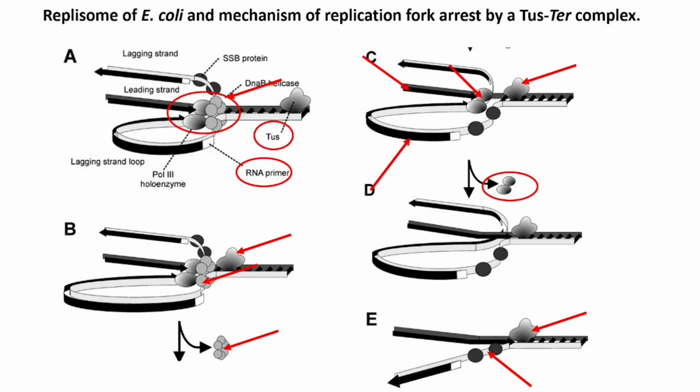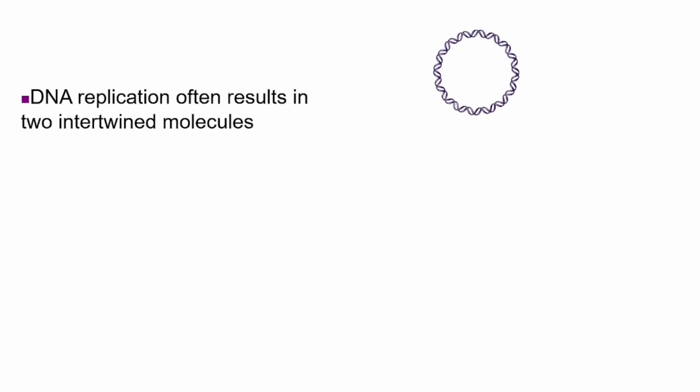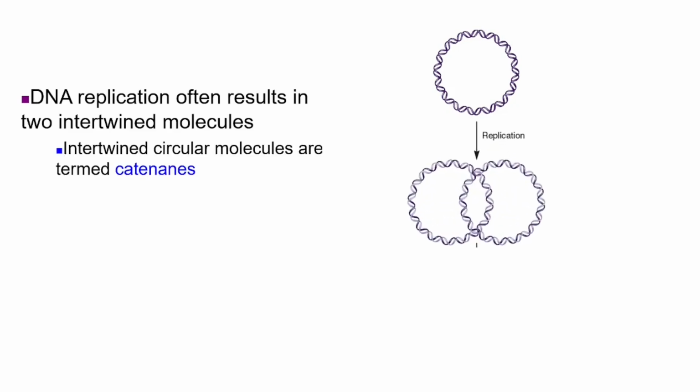Thus, when the replication machinery dissociates, the two daughter duplexes are not completely formed and they are intertwined with each other. DNA replication often results in two completely or incompletely formed daughter duplexes intertwined on or interlinked with each other.